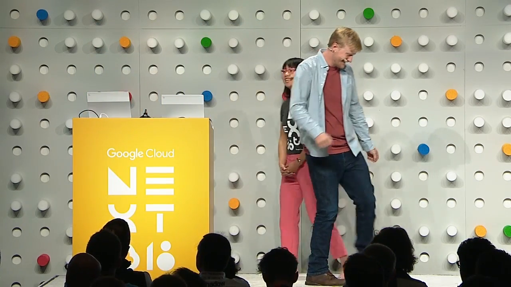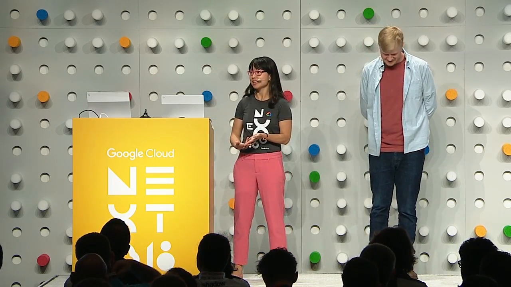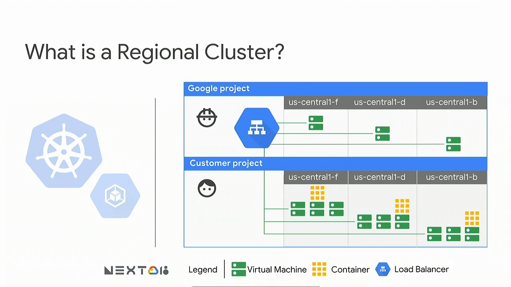OK, so in order to eliminate the single point of failure that Jeff just described, you can use a GKE Regional Cluster, which is a product that became generally available in June. With a regional cluster, you get a multi-master setup, where there are 3 masters in 3 different zones within a GCP region. We have a load balancer sitting in front of these masters, and that serves as the endpoint that's used to communicate with the control plane.